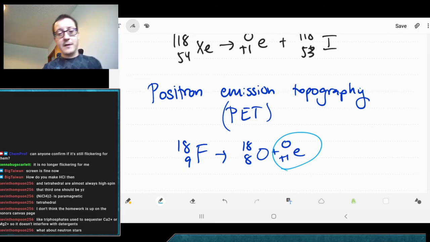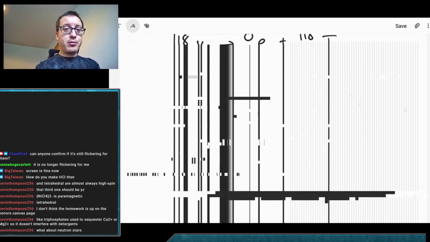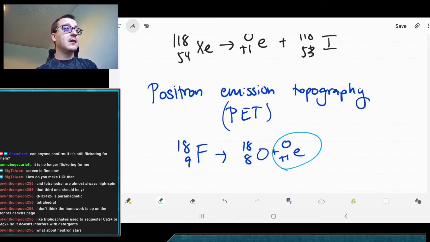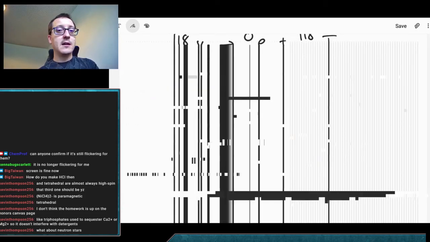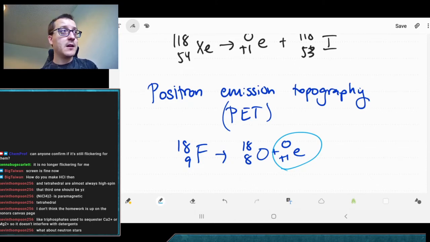You can also give products like these to kill certain cells, radiation therapy, by the fact that these processes are always accompanied by the release of energy. These are all exothermic processes. That extra energy can be used to kill cells. That's why radiation treatment makes you so sick, right?